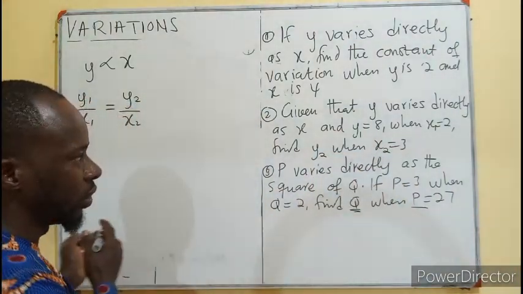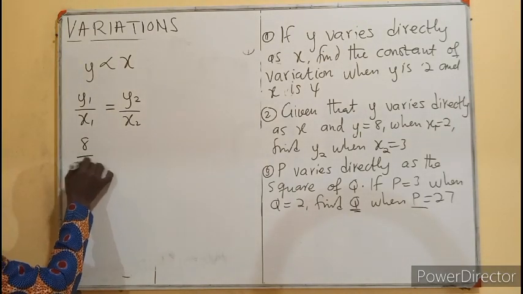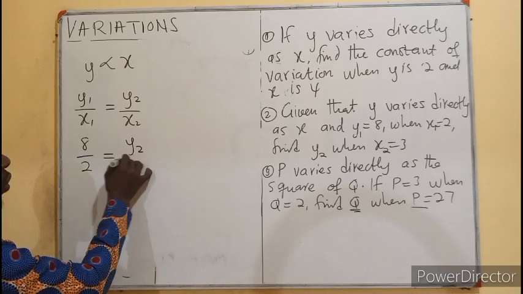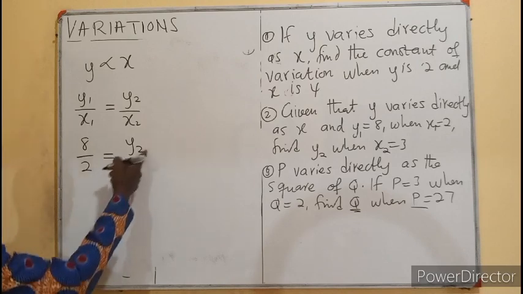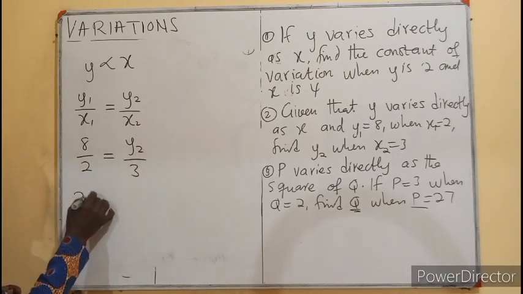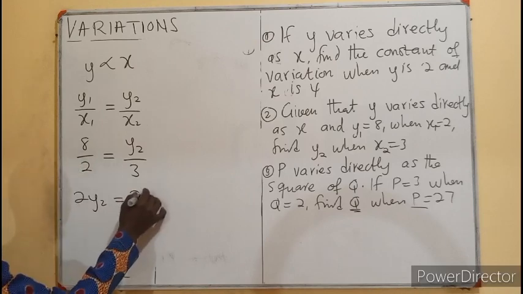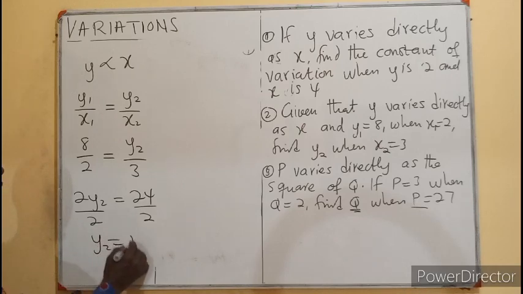Then I will substitute. So I will be having 8 over 2 equals to y2 that we don't know divided by x2, which is 3. If we cross multiply, you get 2y2 equals to 24. Divided by 2, divided by 2. Y will be equals to 12.